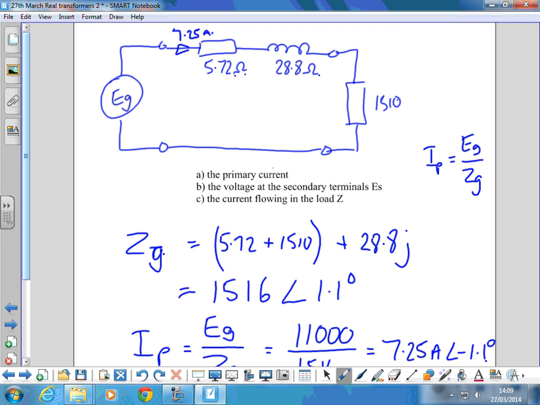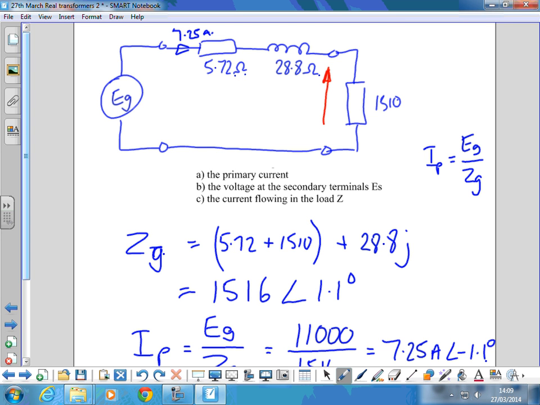So what can we find? What voltage have we got here? What's that representing? The load transferred to the primary.